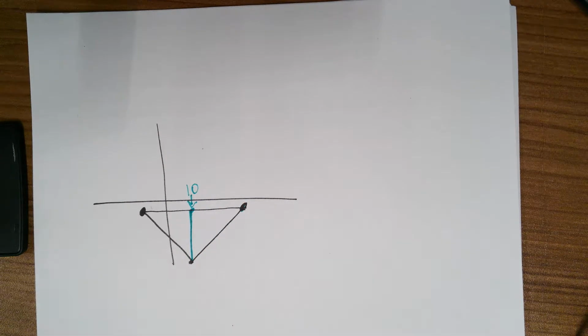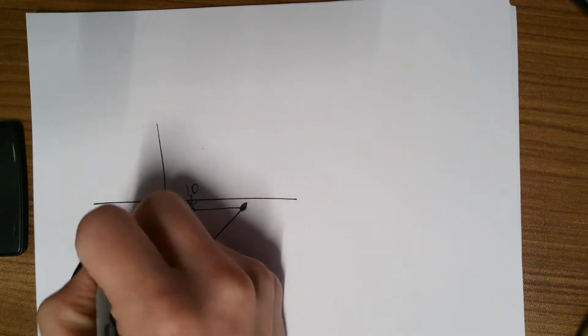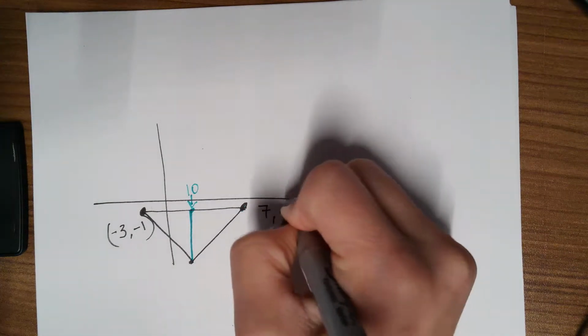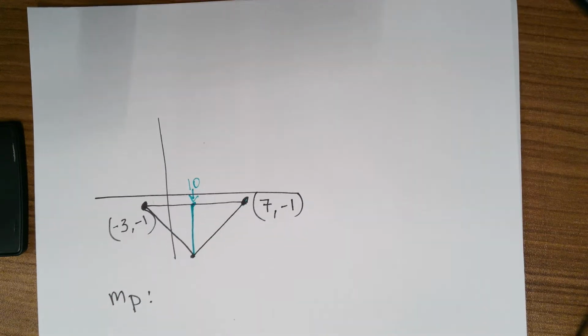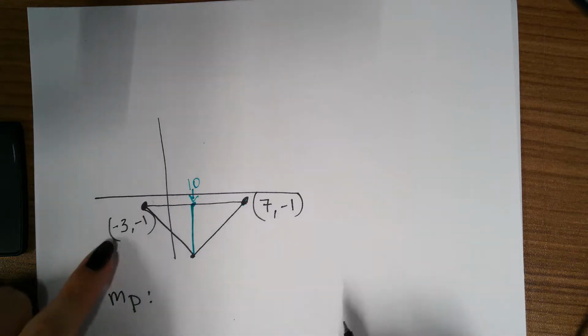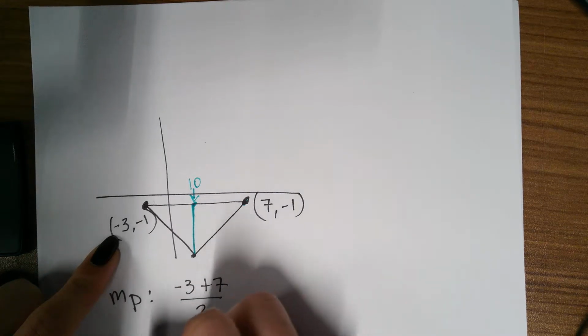And the midpoint formula, we're just finding the average of the x values and the average of the y values. So this point was -3, -1, and this one was 7, -1. So my midpoint is going to be, like I said, the average. So average, add them up, divide by 2. So the average of my x values, so I'm going to have -3 plus 7 divided by 2.